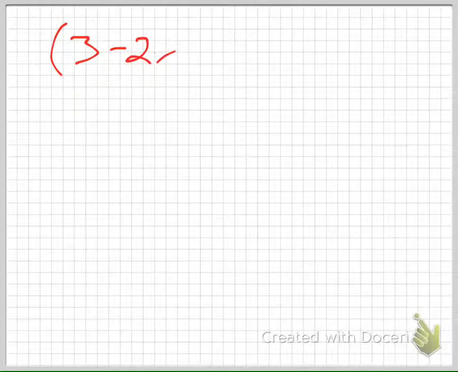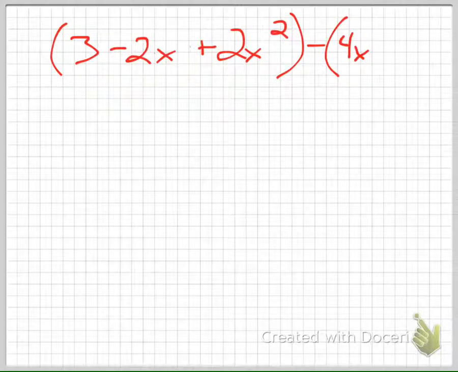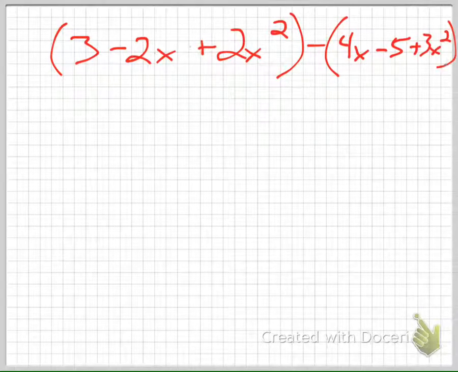That same exact question again, written horizontally. Probably my preference, but whatever. 3 minus 2x plus 2x squared minus 4x minus 5 plus 3x squared.